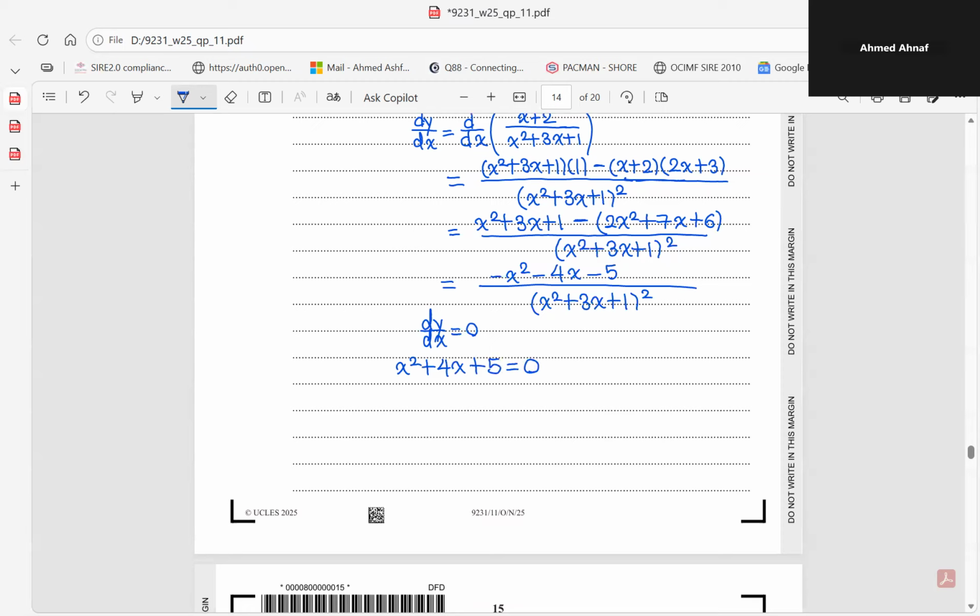So if you try to solve it using a calculator, you're going to get imaginary solutions. So you can say no real solutions. Therefore you can say that dy/dx cannot be equal to 0. So C has no stationary points.